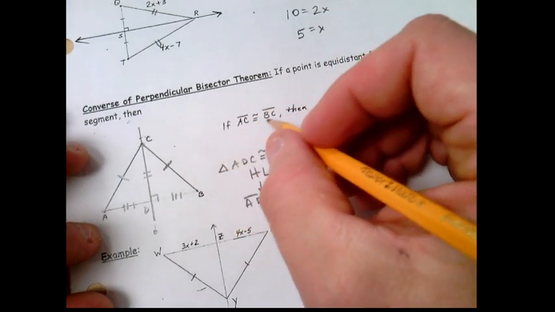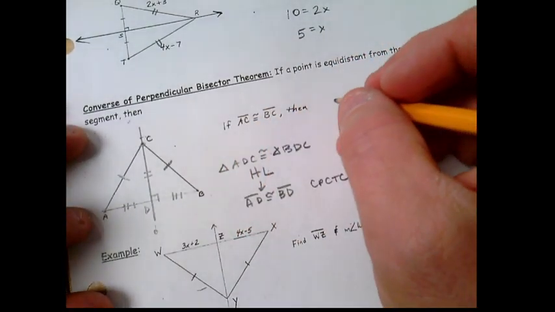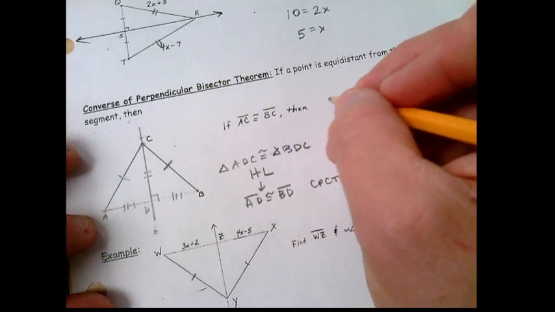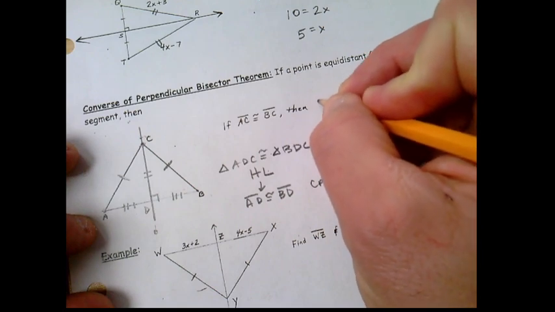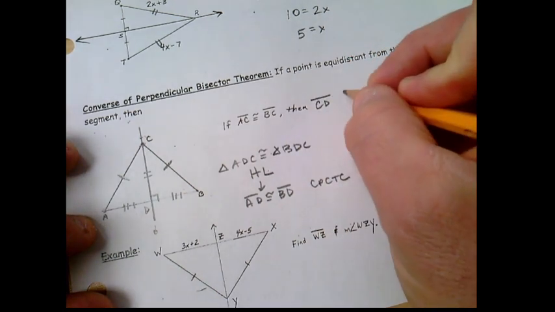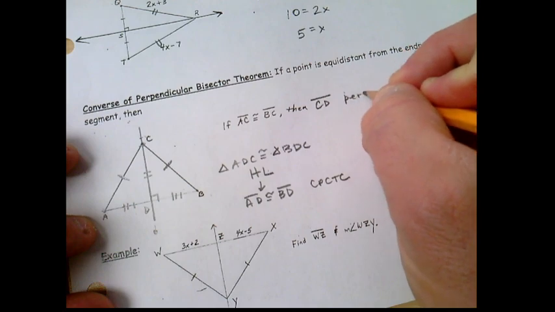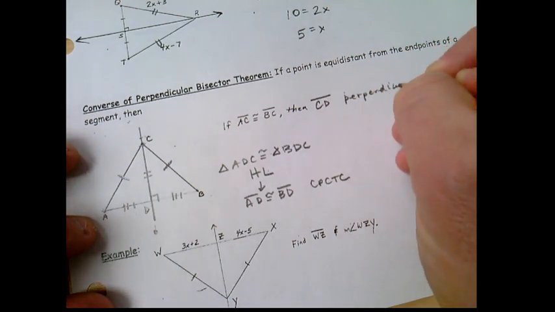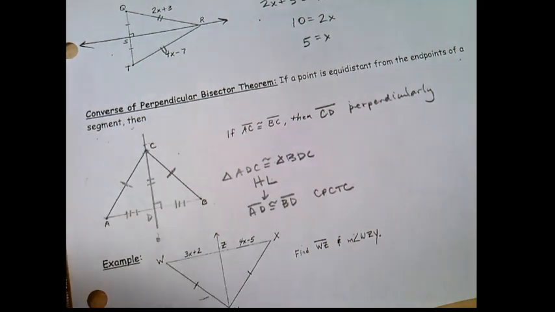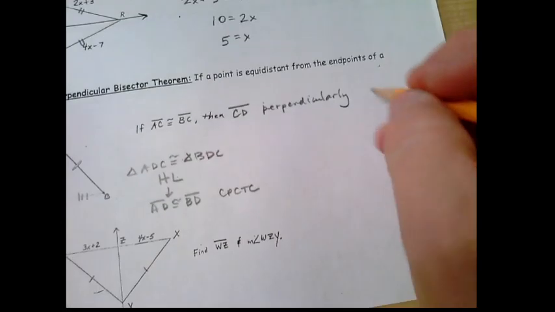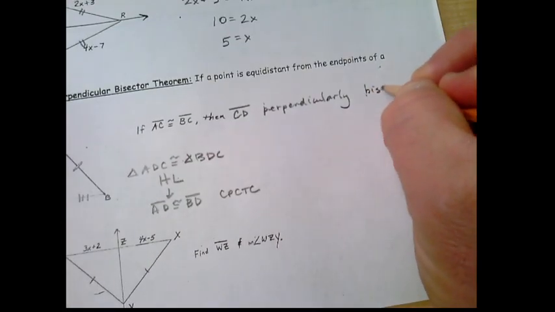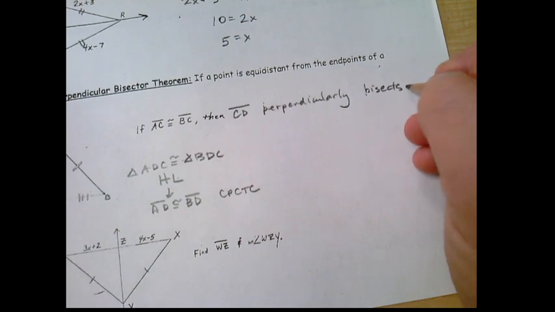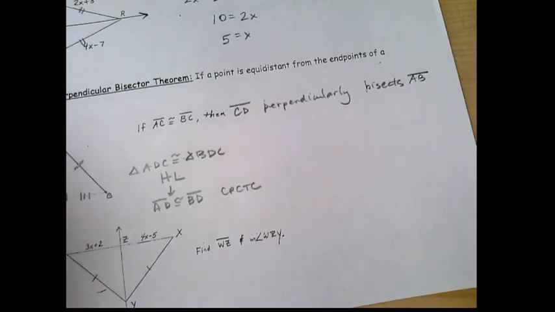So if AC is congruent to BC in the picture there, then let's say CD perpendicularly bisects AB. Okay?